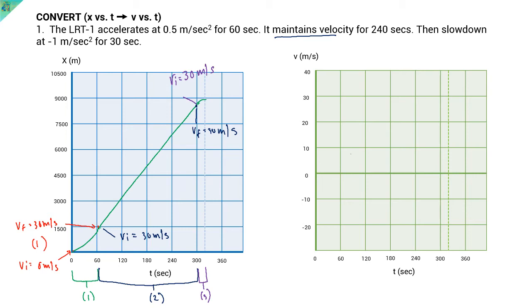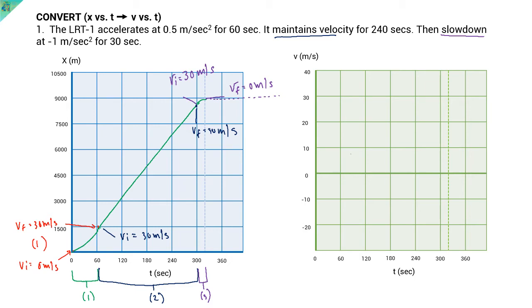Okay, so that's our initial velocity. Now, it ends at a certain velocity, which we'll assume as 0 meters per second, since it slows down. So if it's slowing down, ultimately it will be constant, continuing until it stops. Okay, so how do we convert from this situation into this situation?